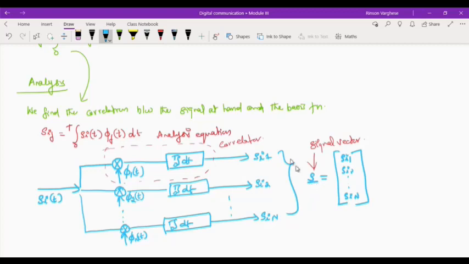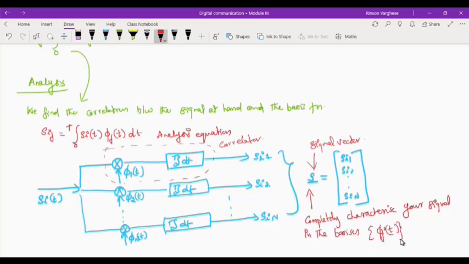Now this signal vector completely characterizes your signal in the bases phi_j(t), where j is equal to 1 to n.